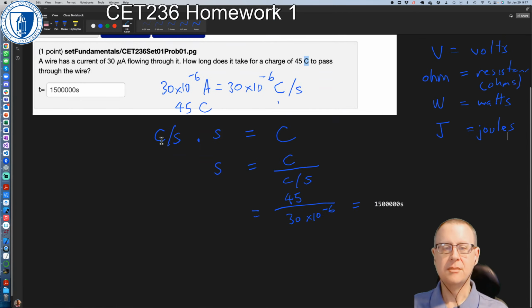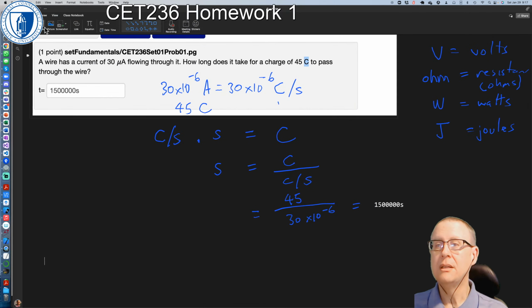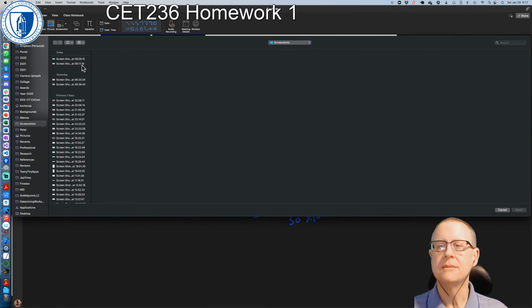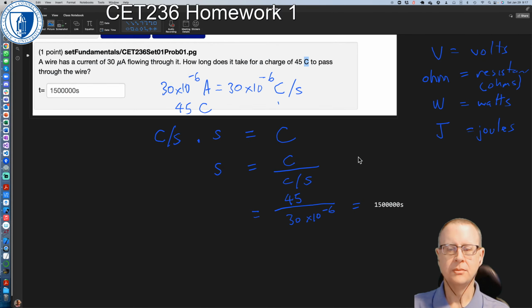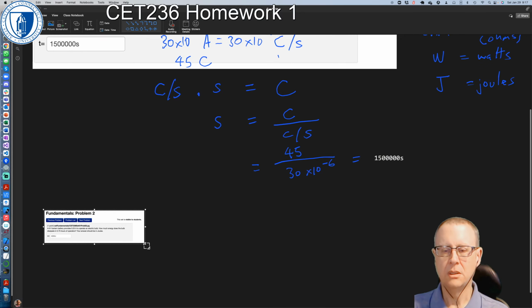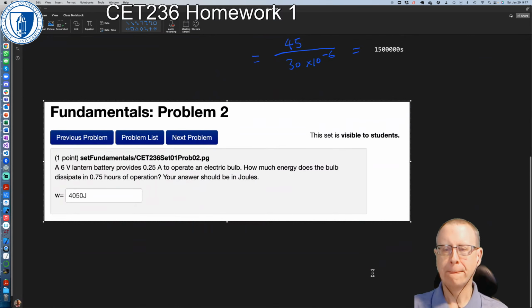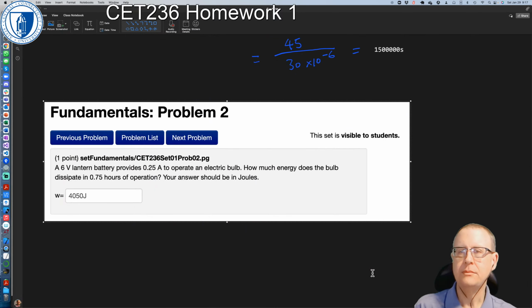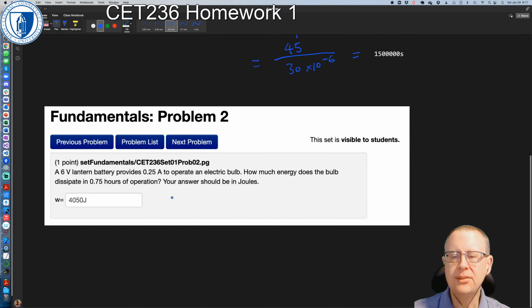Right, so let's just put that down here. Okay, problem 2. A 6-volt battery.